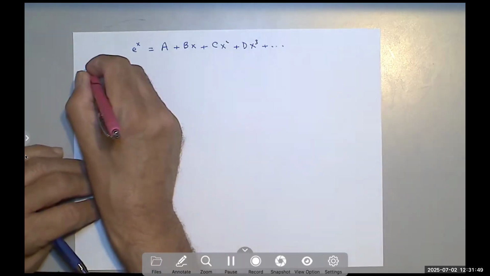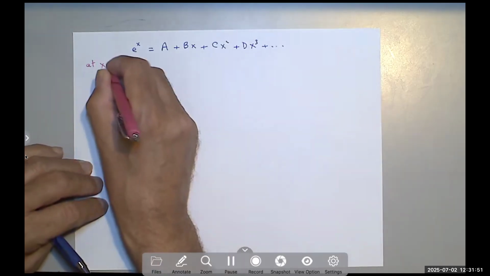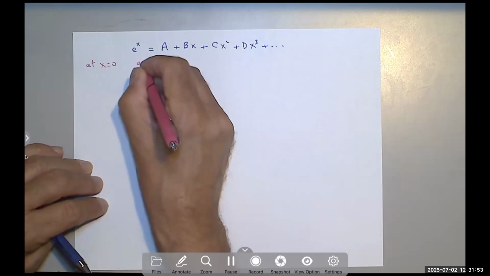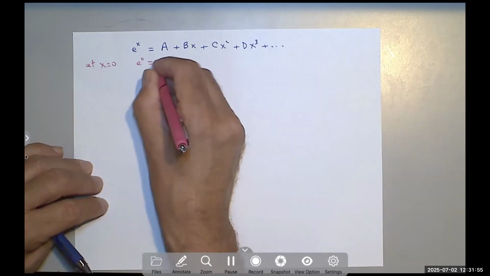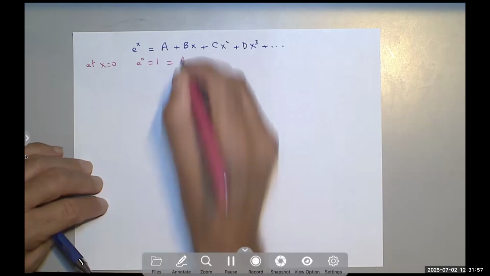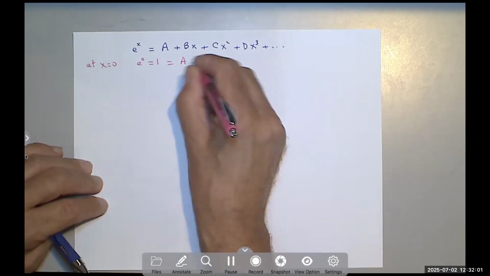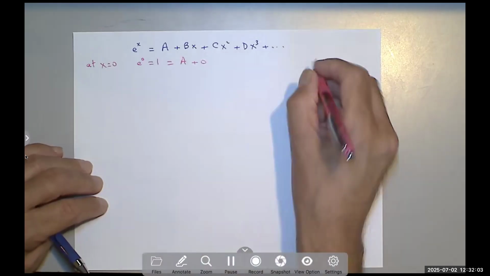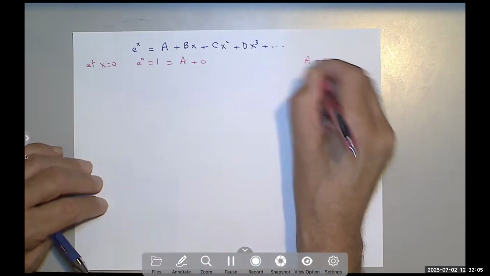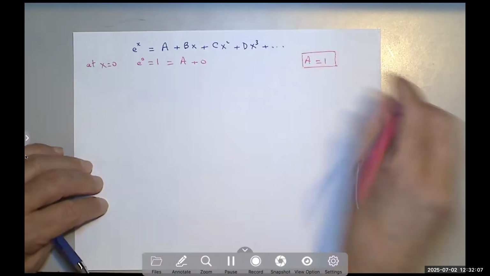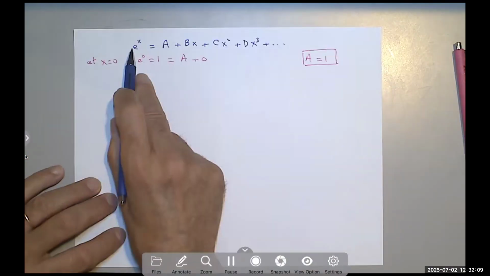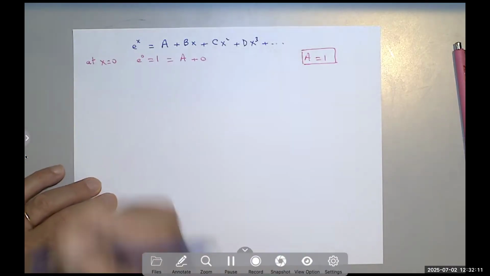So at x equals 0, e to the 0, which is 1, would equal a plus b times 0 plus c times 0 squared, so plus a bunch of zeros. So I got from here that a equals 1. Then I'm going to take my function and take the derivative of it.